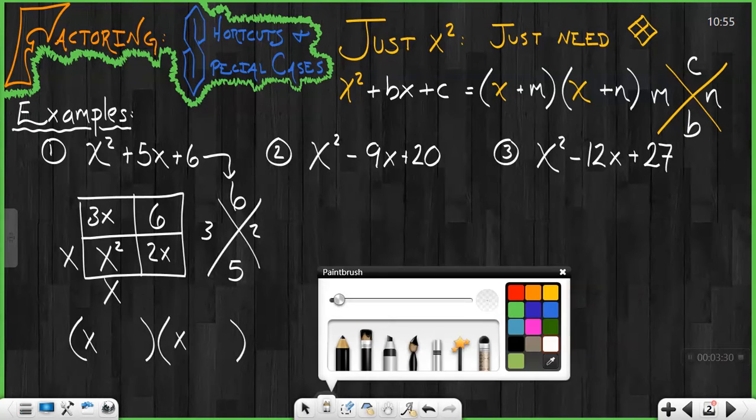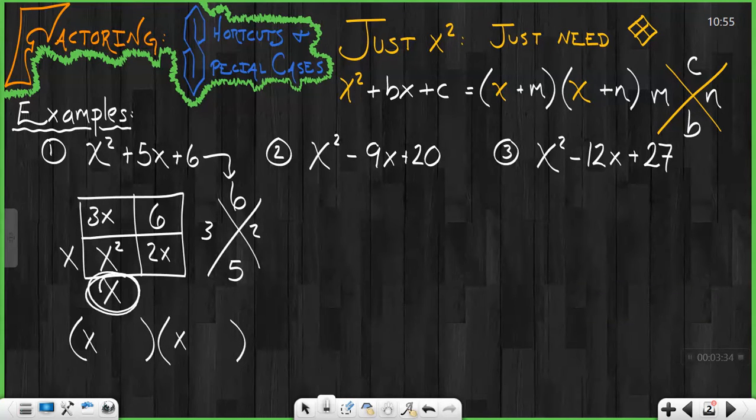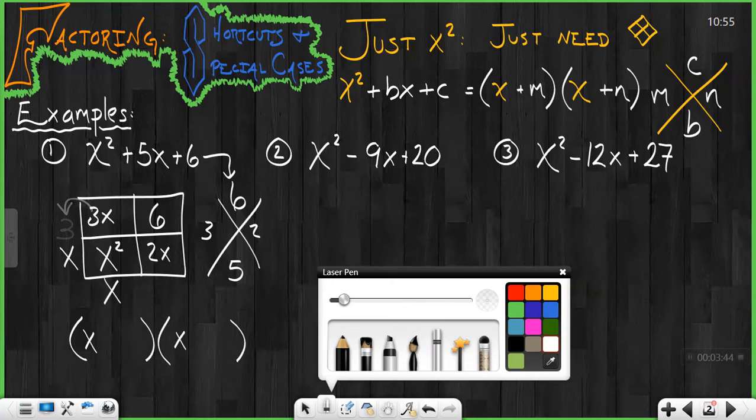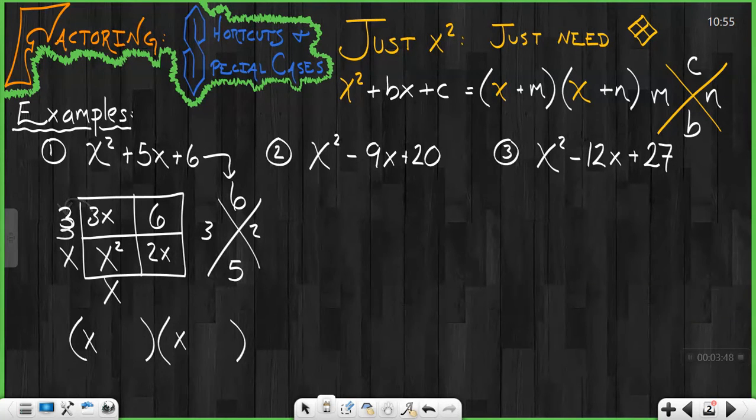But here's the key. When it's just x squared, once again, this was x. And therefore, if this is 3x, what times x is 3x? Well, this coefficient has to be the number out front. That coefficient will always match there. So I'm going to end up putting a positive 3 out front.